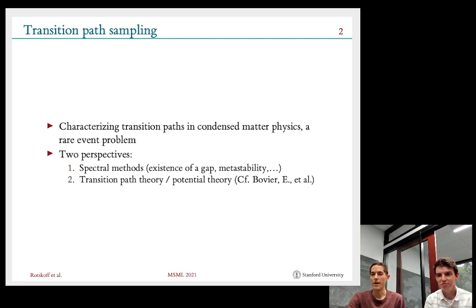One relies primarily on spectral methods, in which you try to characterize the rate of transition through the spectrum, in the existence of a gap, which is characteristic of metastability. The second approach relies more on a consideration of the paths themselves and looking at transition path theory, or sometimes potential theory, a perspective that was introduced by Vanden-Eijnden, E, and many others.